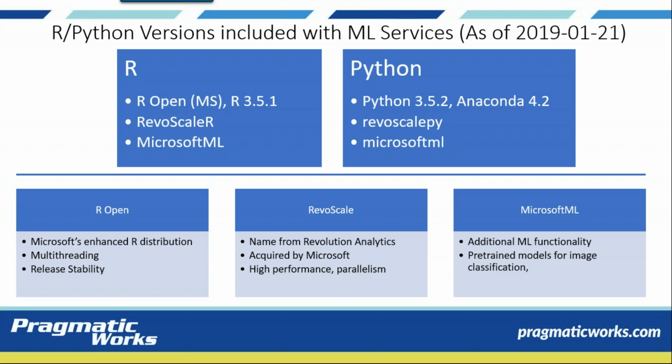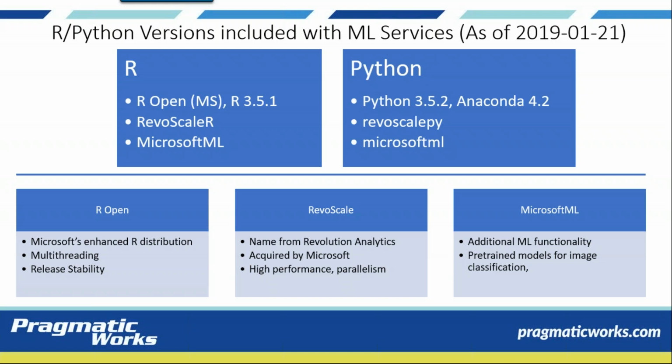The other reason Microsoft does this is, getting back to the notion that R is open source and constantly being updated, this is a way for Microsoft to certify, so to speak, that this version of R is stable, we've tested it, it works in our environment, and therefore that's the one that will be packaged with SQL Server and deployed. So they can manage some of the noise, if you will, of community commits and updates. A little bit about RevoScale: these RevoScale packages come with the R installation and the Python.